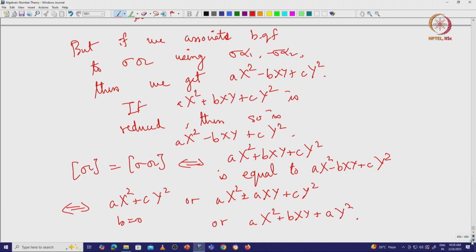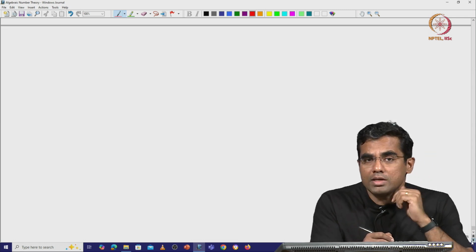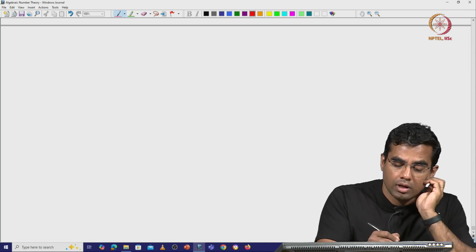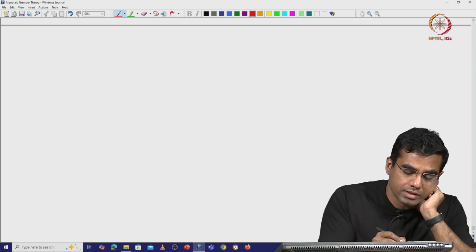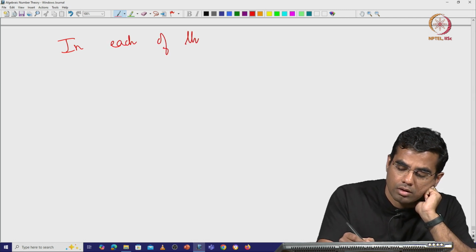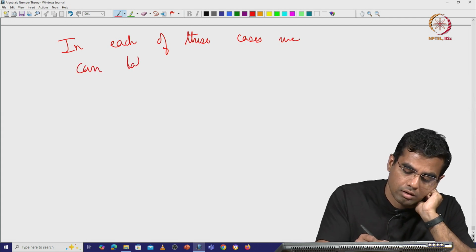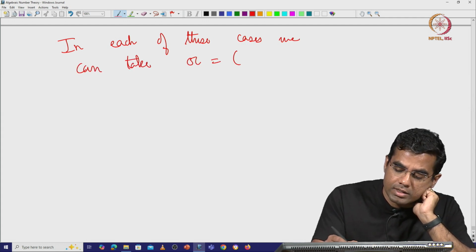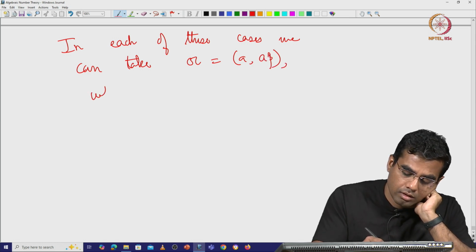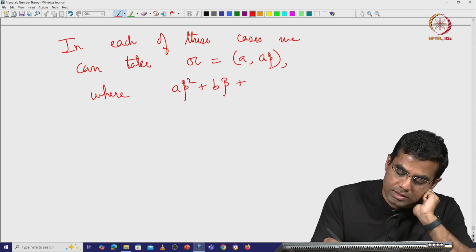In each of these cases we can choose a good representative for A, right. So, A is a given ideal, we can't do much about it, but we can now change it within its class. So, in each of these cases we can take A to be the ideal generated by a and a beta, where a beta squared plus b beta plus c equal to 0.